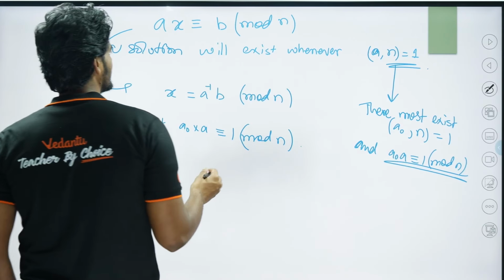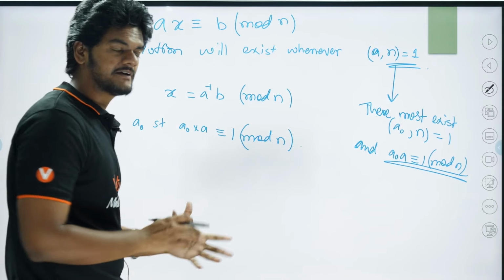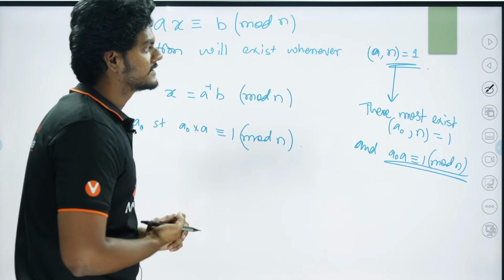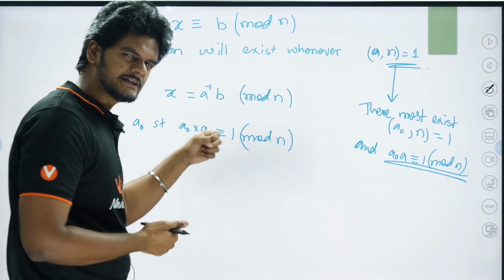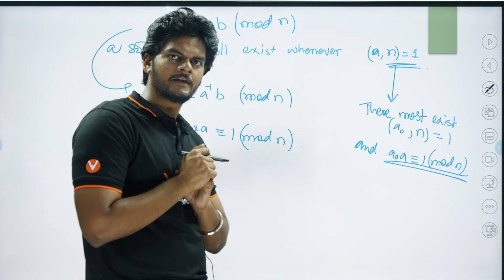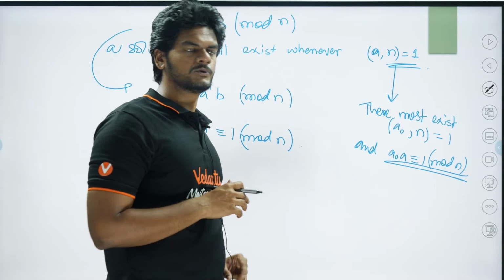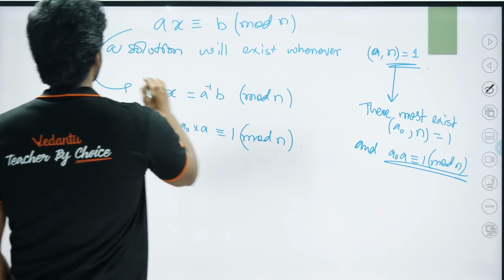I want you to think about this. The proof we will discuss later when I'll do Euler's totient function, which is a bit advanced, right? It is related to Fermat's little theorem. We will cover that. Don't worry. But I just want you to think.